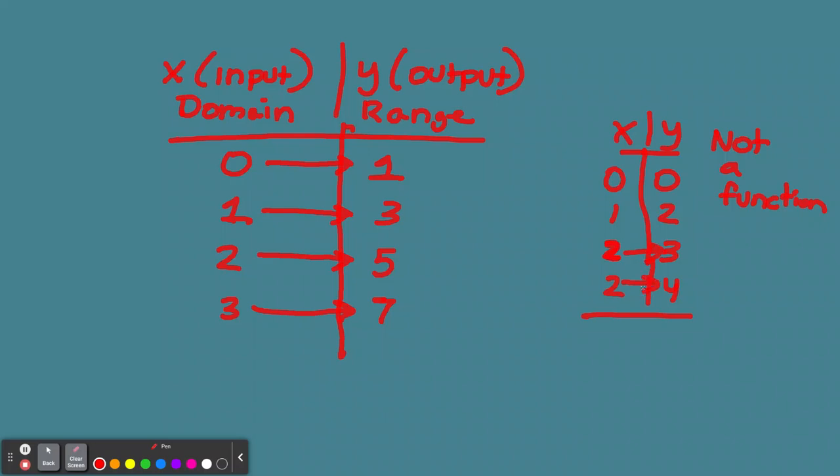Now, a y can have multiple x's. So if we had x and y over here, we had (0, 0) and maybe (1, 0), that could happen. Y could have multiple x's, but x can only have one y. So remember that for functions, and I'm sure you remember that.